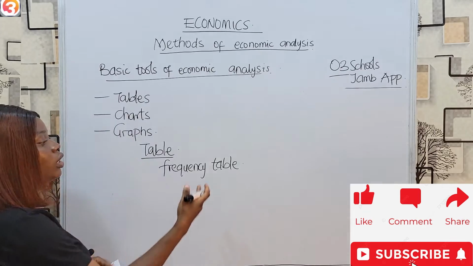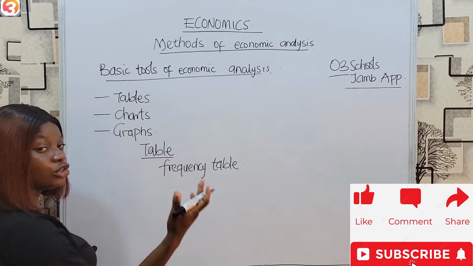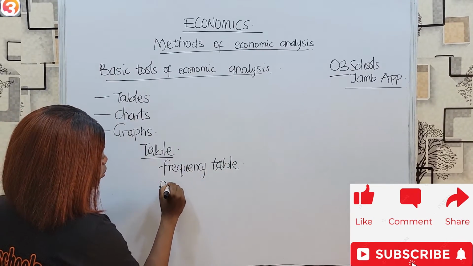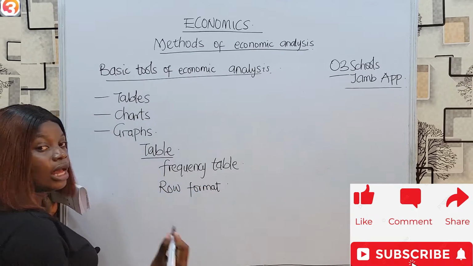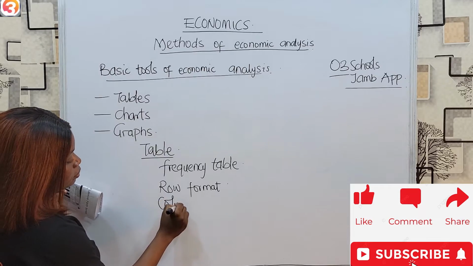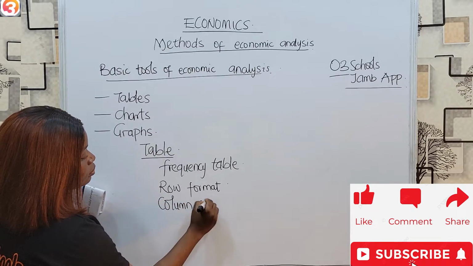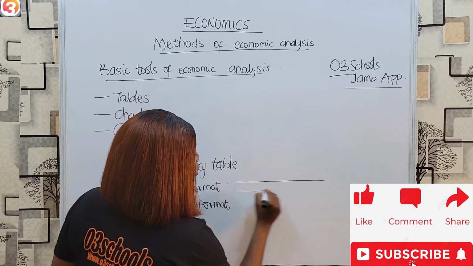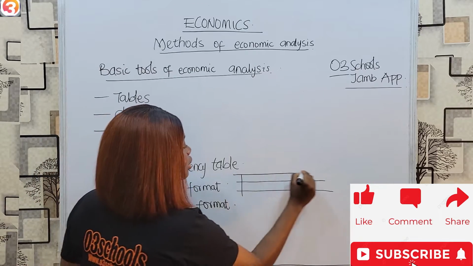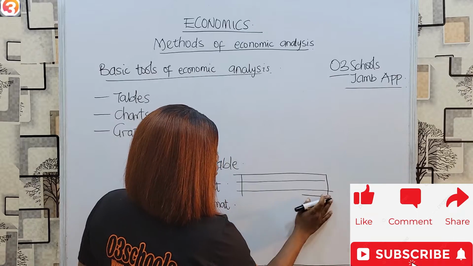For example, first of all, a table comes in two formats. We have the row format, and we have the column format. So the row format is this way, where you have something like this.